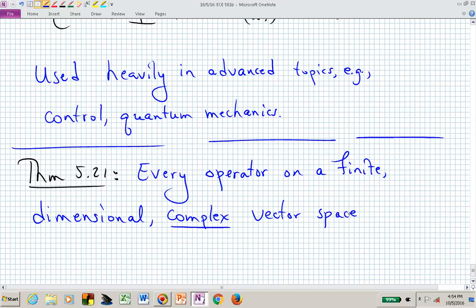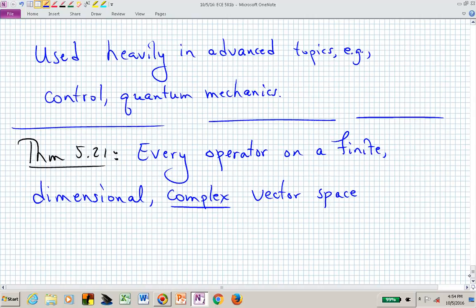Now we are working over the field of complex numbers. We're not just using F to mean real or complex. We are restricting this to complex vector space, and I might abbreviate that finite dimensional CVS, and don't forget the FD in front of that.